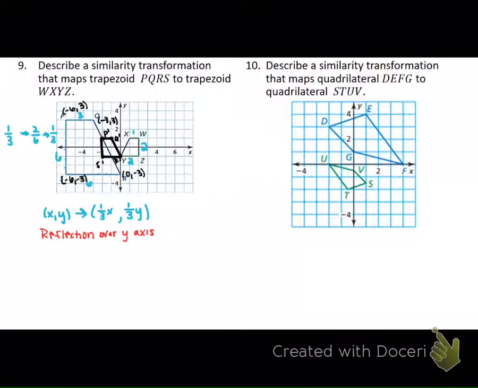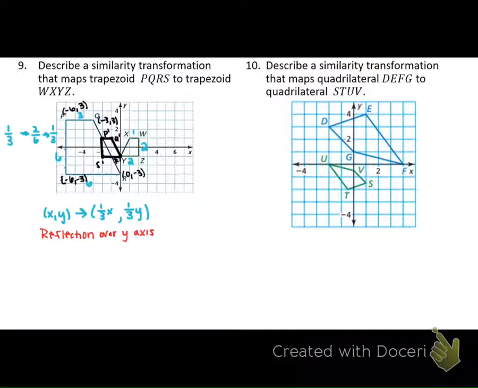Okay, so the same thing here, except that, do we have any sides we can just count on this one? Are any of the sides vertical or horizontal? No, so do you know how we talked about the center of dilation, which is the origin for us? So D goes to S, but D and S aren't on the line.